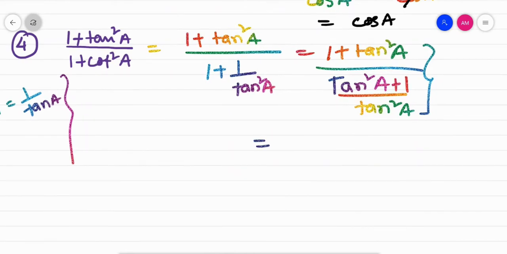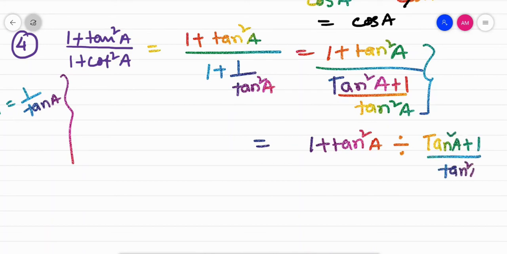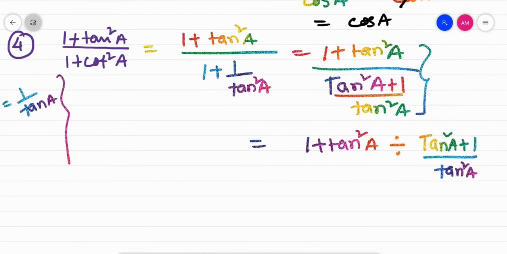This can be like, see, 1 plus tan square A divided by tan square A plus 1 by tan square A, isn't it? Now what you have to do now?